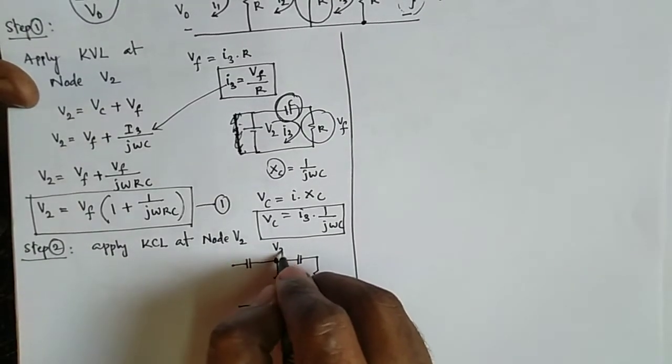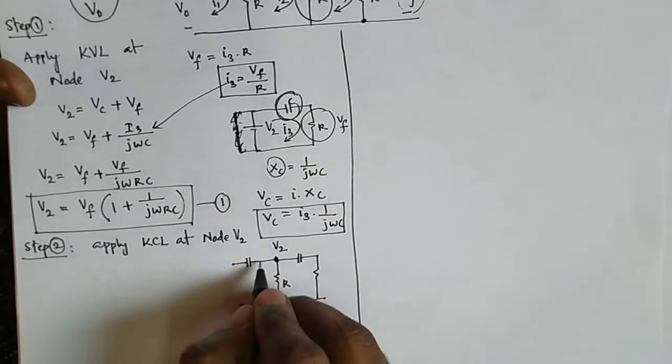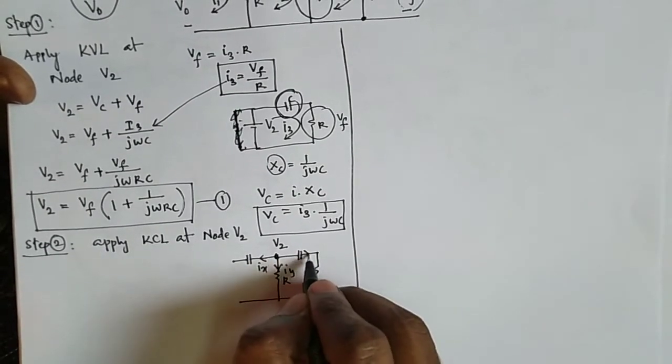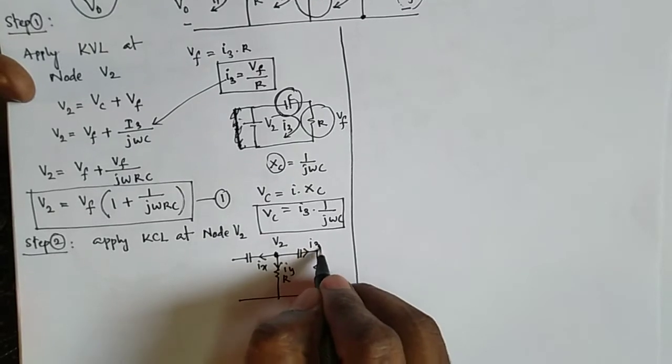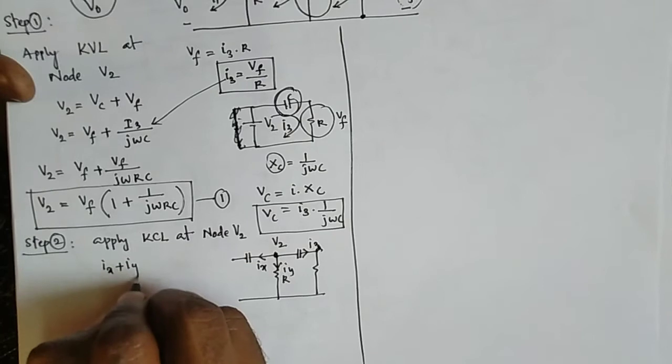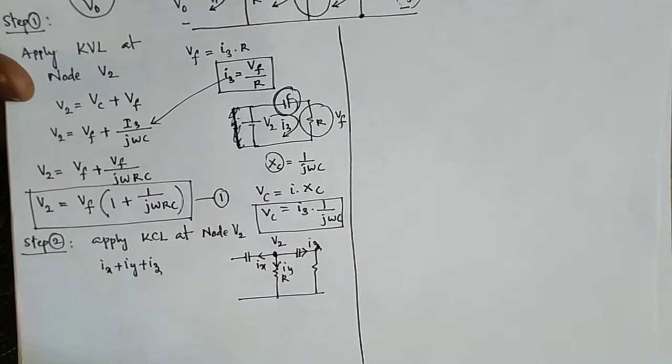This value is V2. Generally in KCL, all are outgoing currents, Ix, Iy, and Iz. So the simple concept is Ix plus Iy plus Iz.